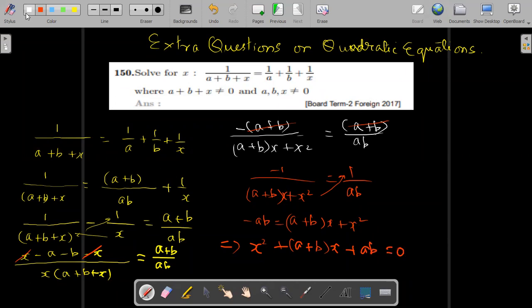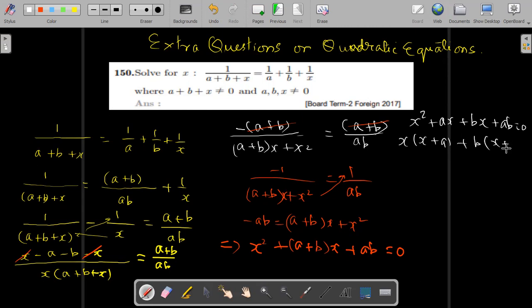Here already it is split into two parts. If you can split it, we can do it by splitting the middle term. Already you can write x square plus ax plus bx plus ab is equal to 0. Then common is x here. So we get x plus a and here common is b.